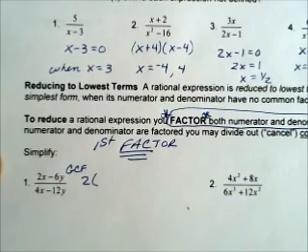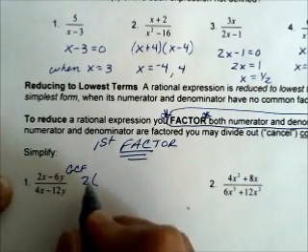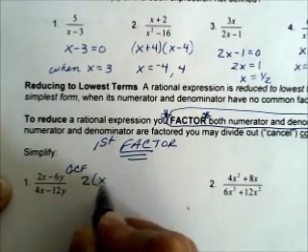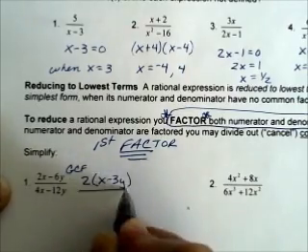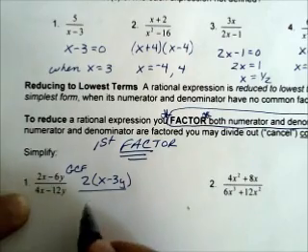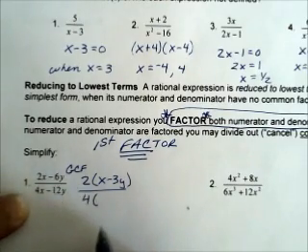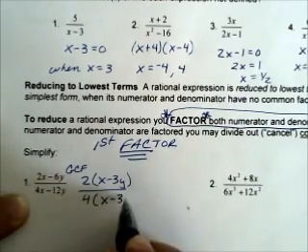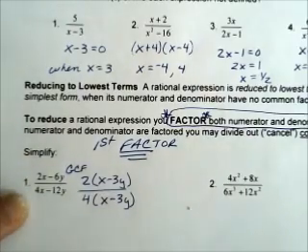Factor out the GCF of 2, and the other factor is x minus 3y. Go to the denominator. Factor out the GCF of 4. And our other factor is x minus 3y.